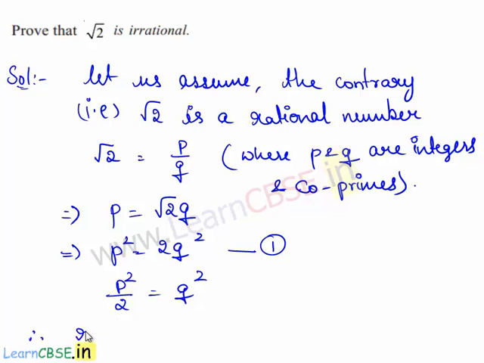Therefore, 2 is a factor of p. Since 2 is a factor of p, p can be written as 2 times c, where c is some constant.